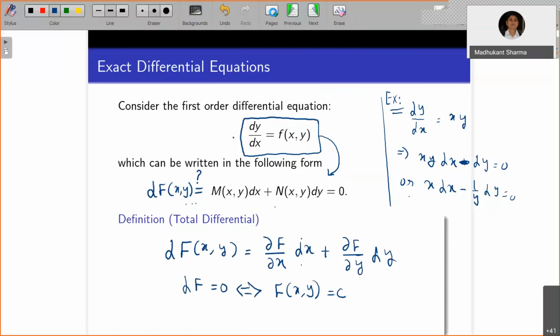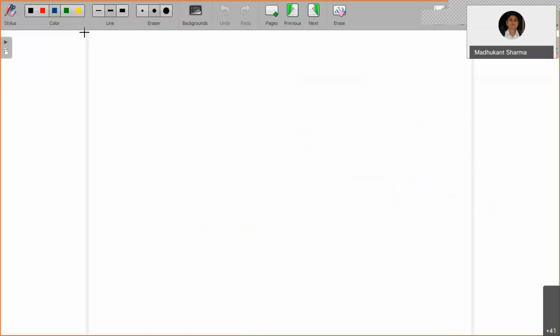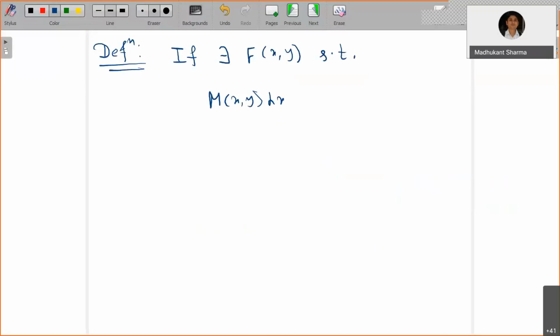So I have the following definition: if there exists F of x comma y such that M of x comma y dx plus N of x comma y dy equals dF.